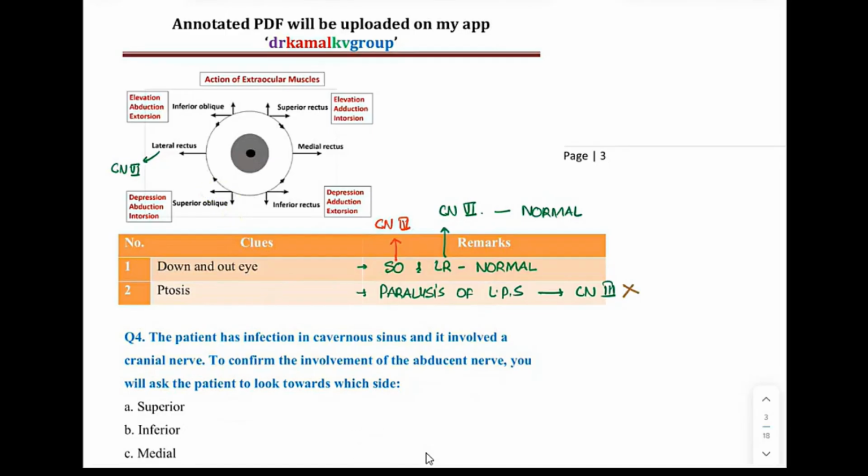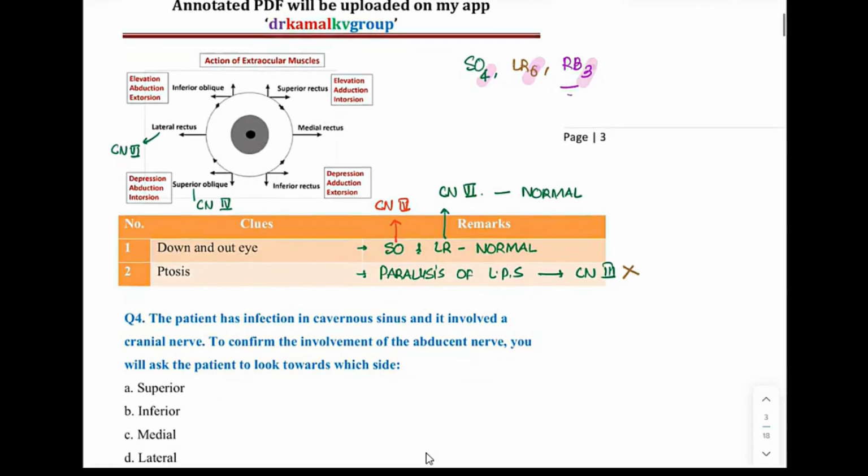So superior oblique is supplied by cranial nerve 4, and the mnemonic is SO4, LR6, rest by third. So superior oblique by fourth nerve, lateral rectus by sixth cranial nerve, and all remaining muscles by third cranial nerve. So this is how you can reach up to the answer, and very important from exam point of view.